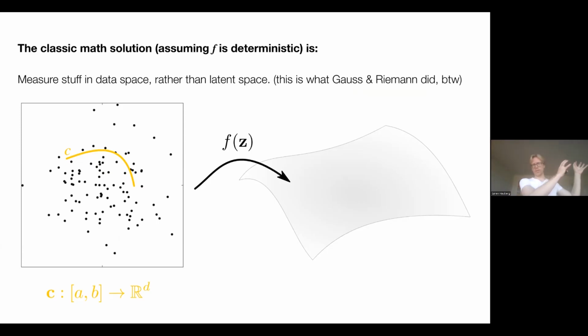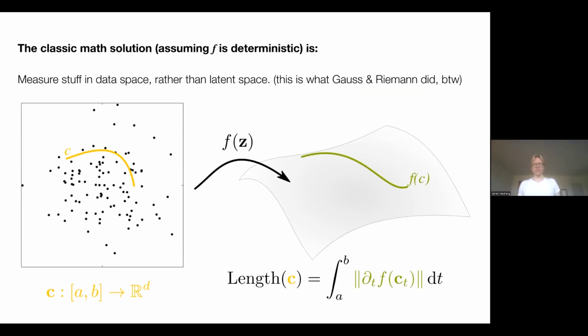Assume that you have some curve in the latent space, and now you want to determine the length of that curve. The way we're going to define that is that we'll simply take this curve, map it out into observation space, and measure the length of the curve out there. That is not influenced by however the latent space is deformed, because the actual measurements are performed out in observation space.